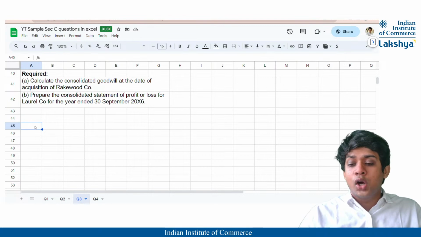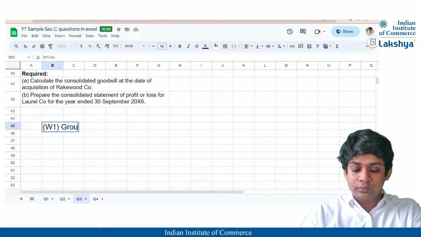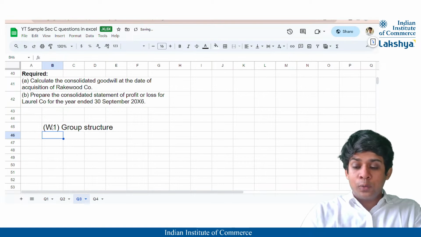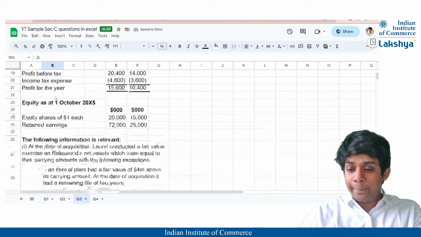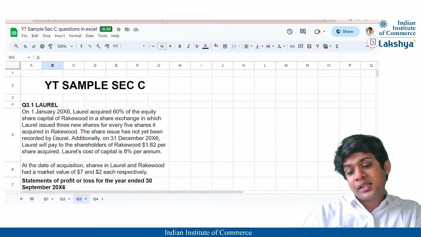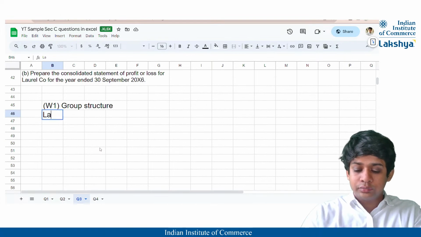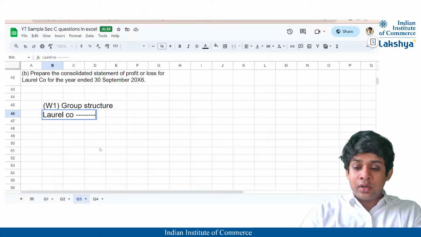So sorry guys. Okay. So now let us prepare the first working note, that is nothing but group structure. Right? So for your group structure, who is the parent company? The parent company is Laurel Company, and they have acquired the subsidiary company, that is Rakewood.